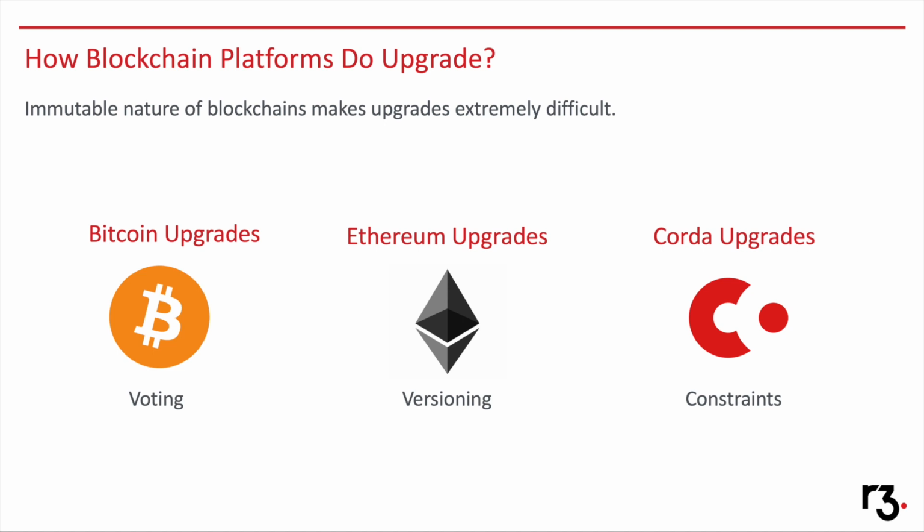And in order for outer applications to be able to interact with this new smart contract, a versioning system is needed, which would basically redirect the requests to the correct version of the contract. Also, the contract needs to be carefully designed so that the data is loosely coupled with the contract, so as to avoid any data migration effort during the upgrade. That's Ethereum. The way Corda upgrades is by the use of something different called contract constraints.